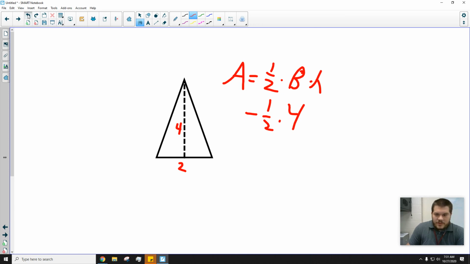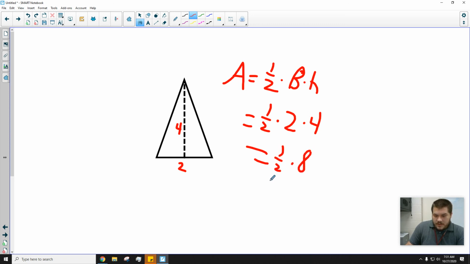Not that the order matters too much. All right, so 2 times 4 is 8, so we have 1/2 times 8, and 1/2 times 8 is 4. So our area is 4, and we'll just say that these are meters, 4 meters squared.